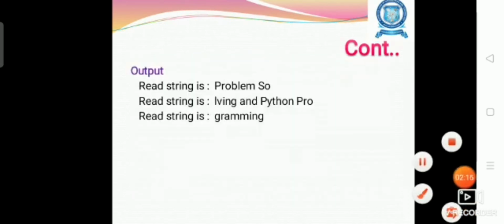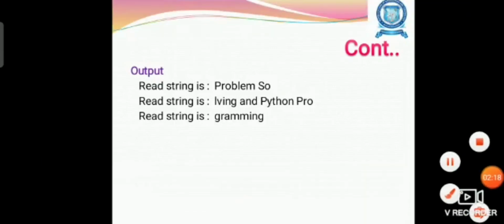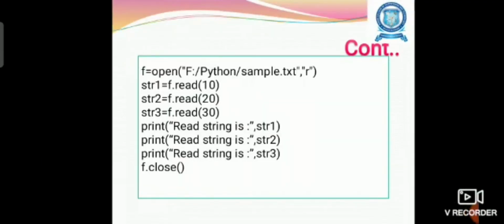F dot read of 10 means f is the file object we have created for the file sample.txt. In read of 10 we have mentioned the count value 10, so we want to get the first 10 characters from the file.